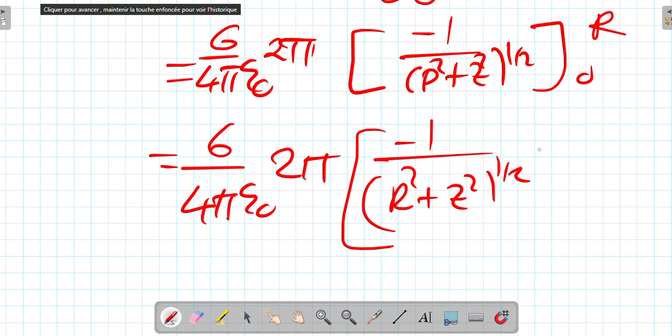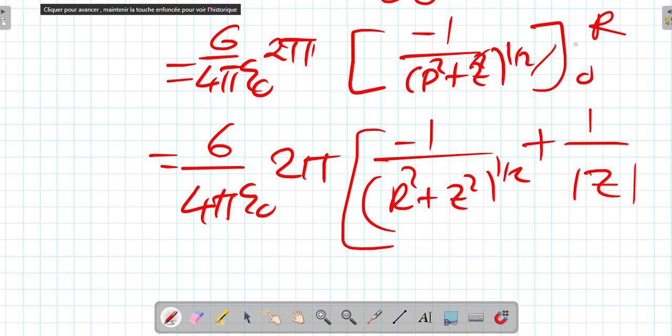Then when you put 0 where there's rho, you have minus, minus, so you have plus 1 over z squared to the power 1 over 2. Because you had z squared, you put the absolute value of z.